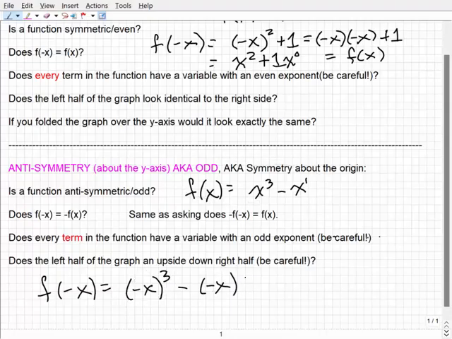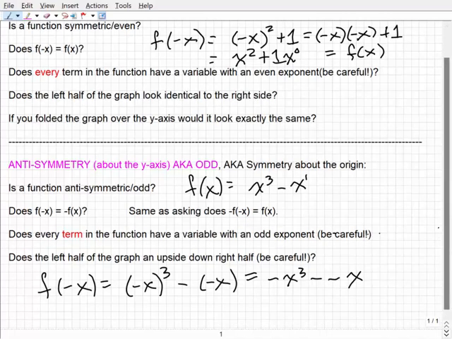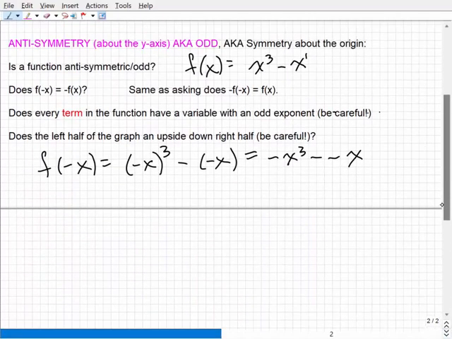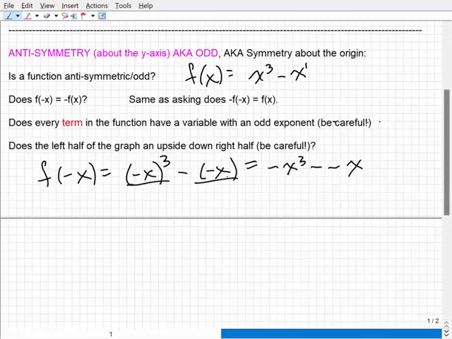Okay? So 3 minus signs, 2 of them cancel, and I'm left with 1. Here, I'm going to go ahead and leave it like that. Minus minus. Might look silly, but it's for a reason. So what happened is each of the terms got an extra minus sign.